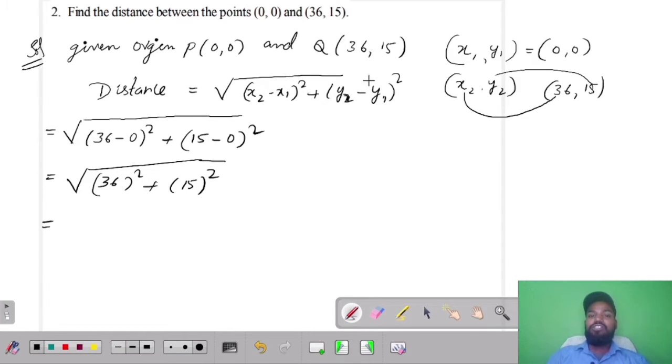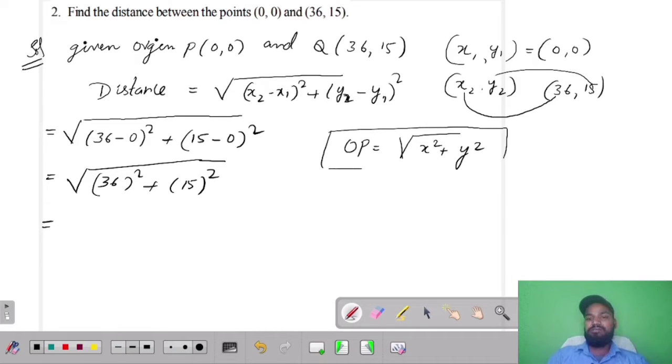So when you are finding the distance from the origin, the formula becomes under root x square plus y square. This is your OP distance. This is a simple formula. When you are finding the distance from the origin, you don't need to use the long formula; directly use under root x square plus y square as the solution.